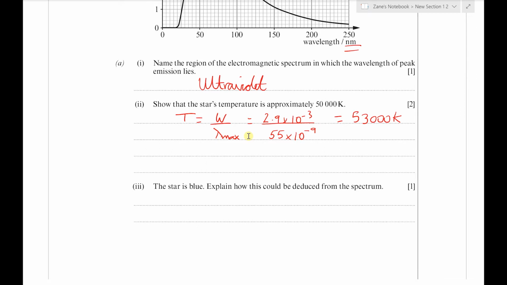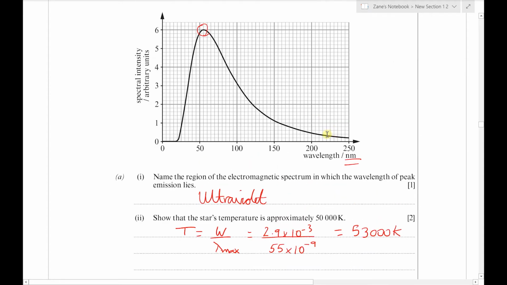The star is blue. We've got to explain how this can be deduced from the spectrum. Well, if we imagine following this curve onwards until we hit the visible part of the spectrum. The visible part of the spectrum is 400 to 700 nanometers, roughly speaking. And this curve is always on the way down, so we're certainly going to have a greater intensity at 400 nanometers somewhere over here than 700 nanometers somewhere further to the right. So that will be a possible way of explaining the answer.